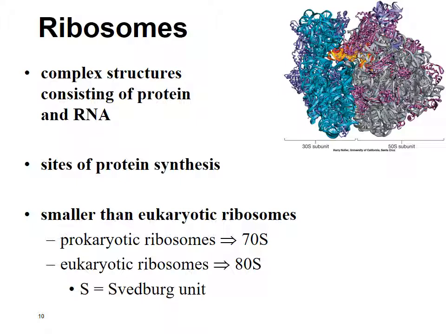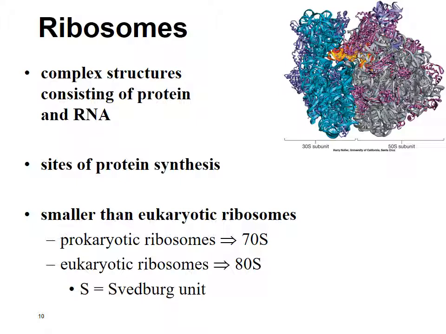Prokaryotic ribosomes are smaller than eukaryotic ribosomes. Prokaryotic ribosomes are called 70S ribosomes, while eukaryotic ribosomes are called 80S ribosomes, where the S stands for Svedberg unit.